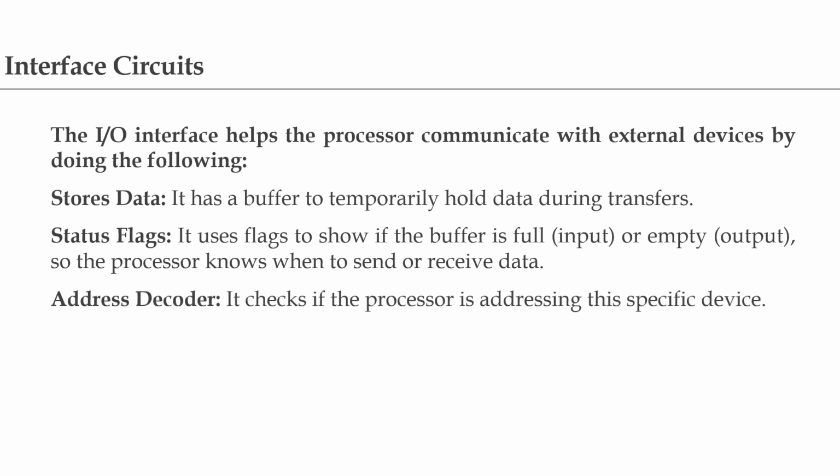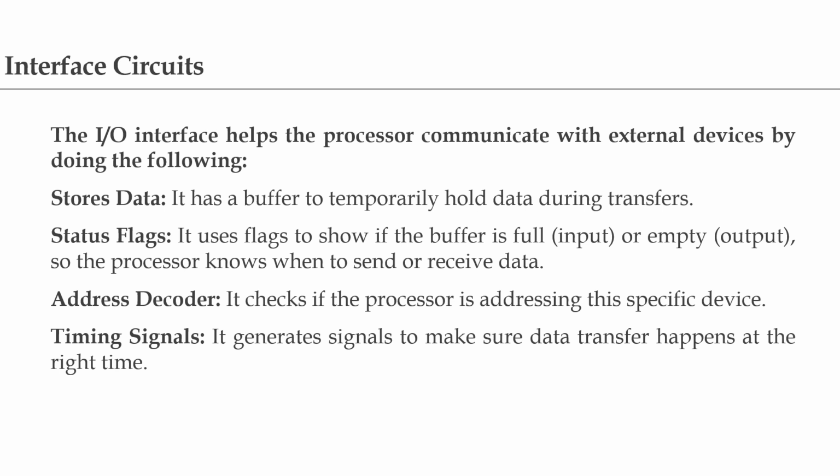It contains address decoding circuitry. The input-output interface includes address decoding logic to identify whether a specific input-output device is being addressed by the processor. When the processor sends an address, the decoding circuitry checks if it matches the address of the input-output device, enabling it to respond appropriately.